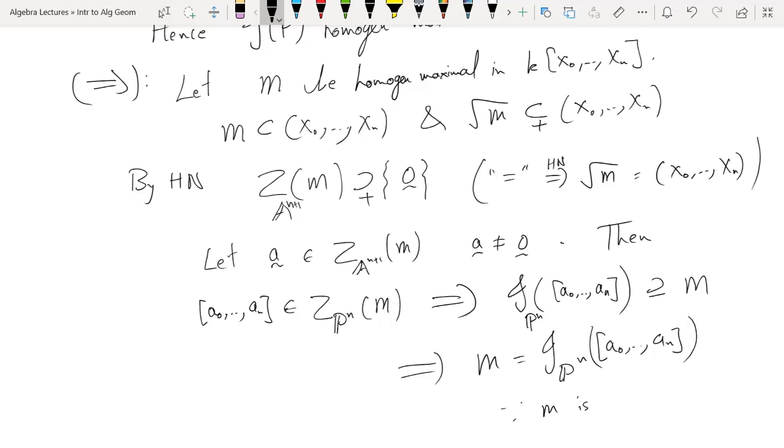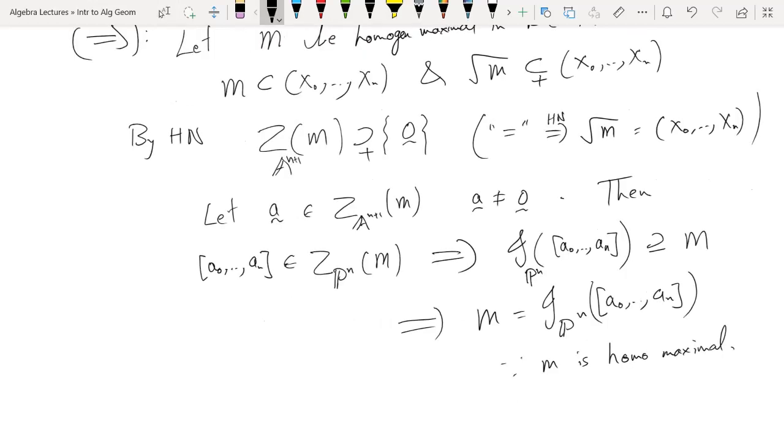M is homogeneous maximal, and this left-hand side is a homogeneous ideal whose radical is properly contained.